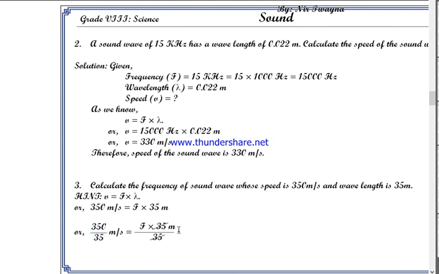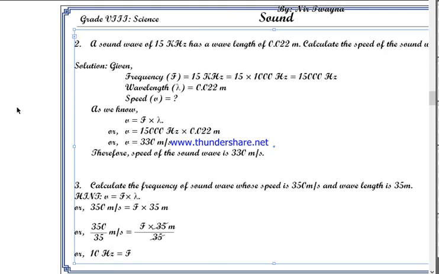So what you get in the next step is 10 meter per second equals F, and meter can also be cancelled out on both sides. That means you get 10 cycles per second, and cycles per second can be replaced with hertz. Finally you get your answer in hertz.